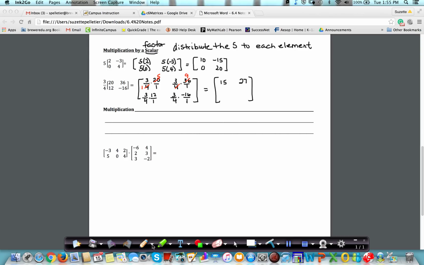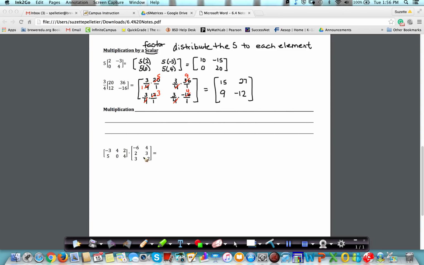And then in the bottom left corner, 4 goes into 4 once, 4 goes into 12 3 times. So I'm going to get 3 times 3, which is going to give me 9. And then for the last one, 4 goes into 4 once, and 4 goes into 16 4 times. So 3 times -4, which is going to give me -12. Okay, so that is multiplication by a factor or by a scalar.